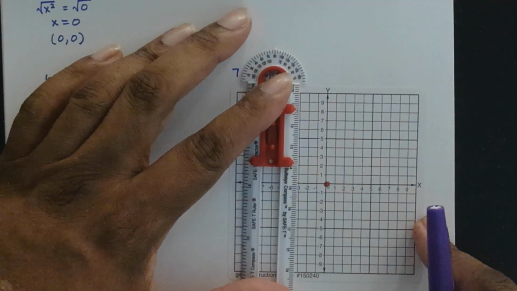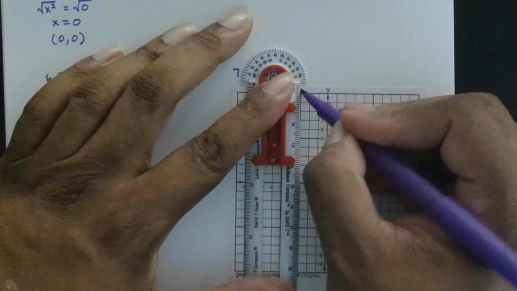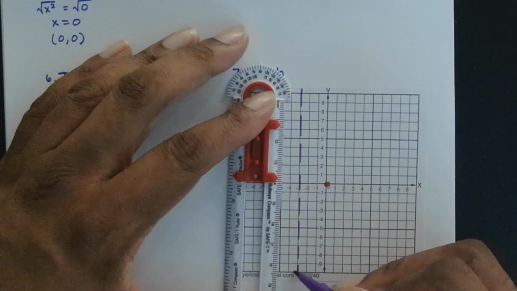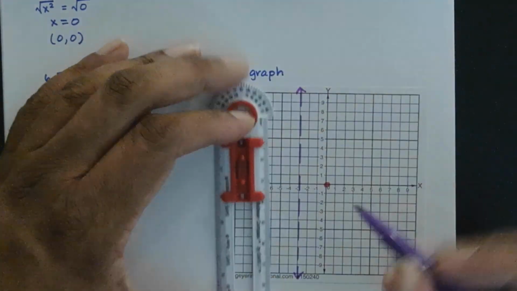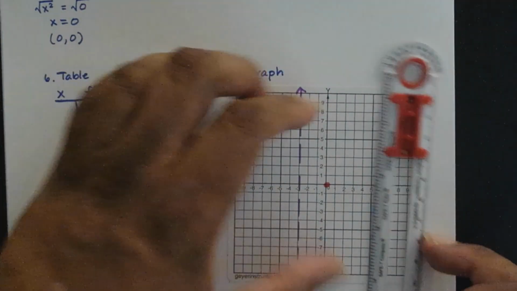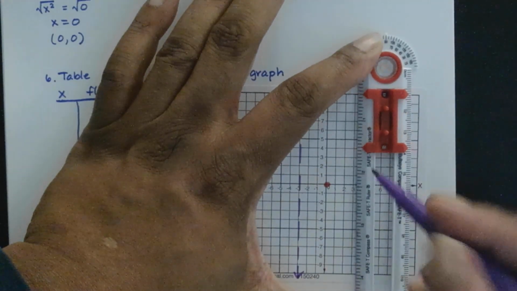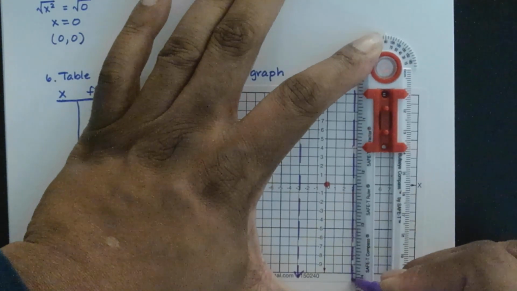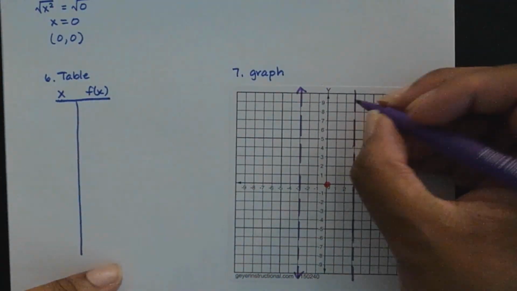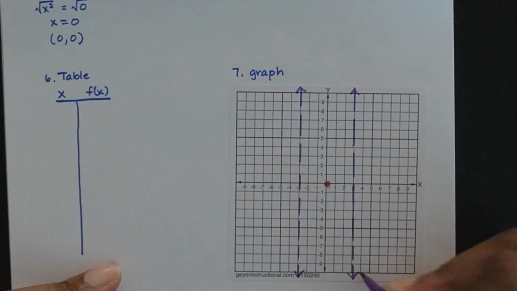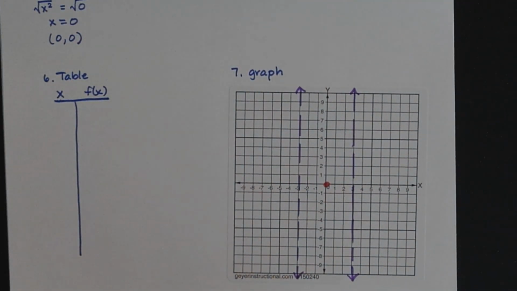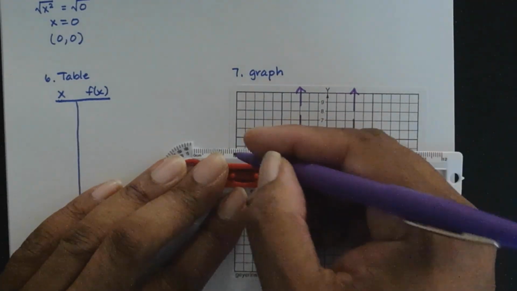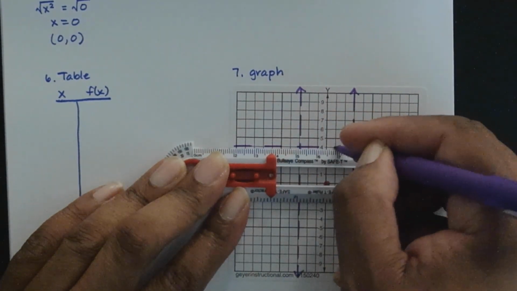So I'll go ahead and draw those in. So these are my vertical asymptotes. The horizontal asymptote was y is equal to 4. So I'll go ahead and draw that in as well.